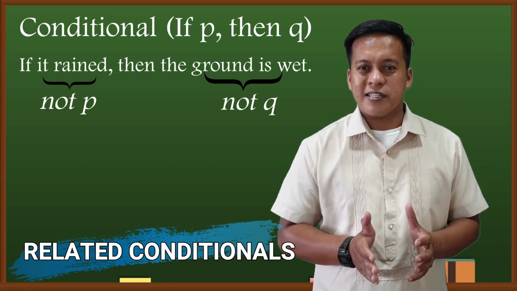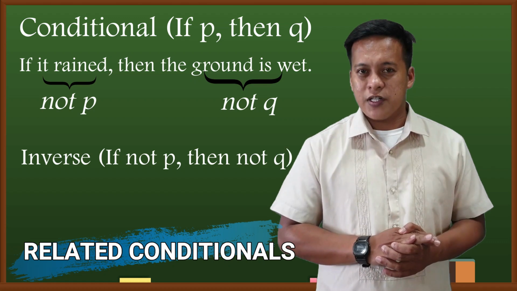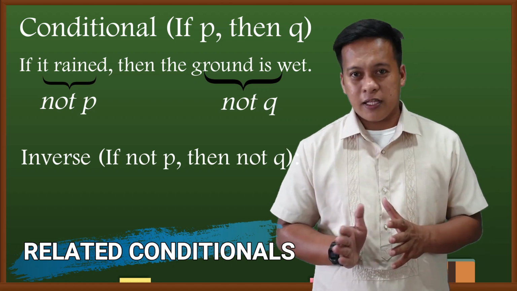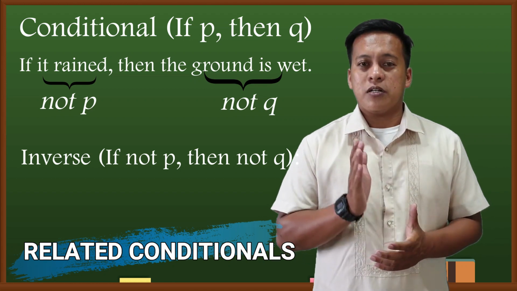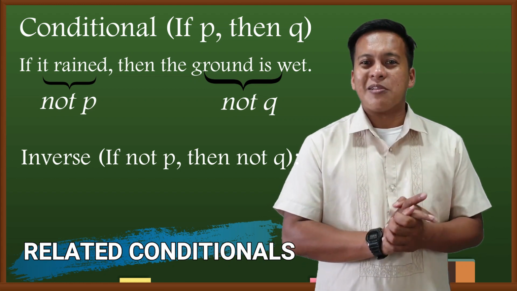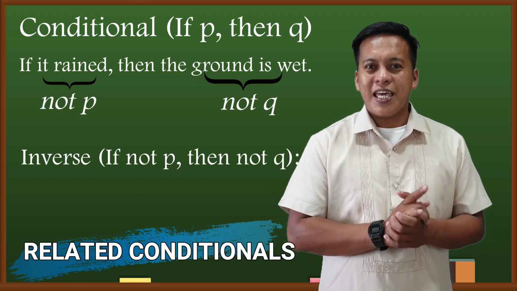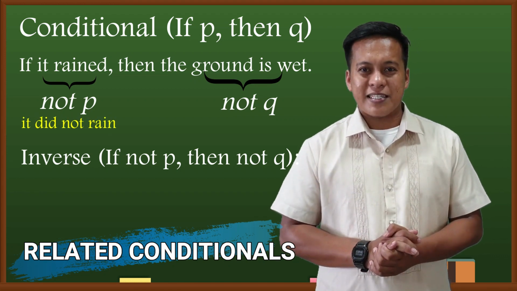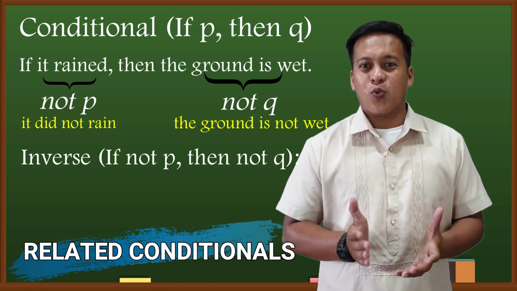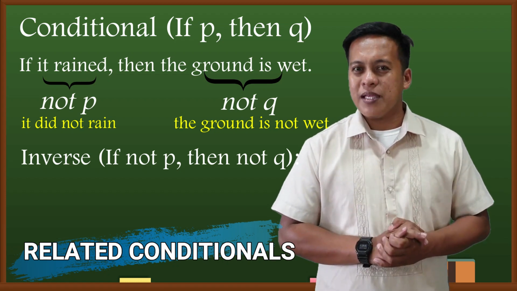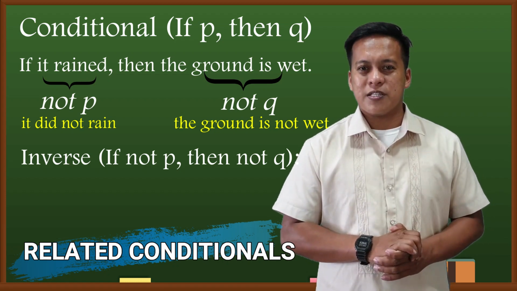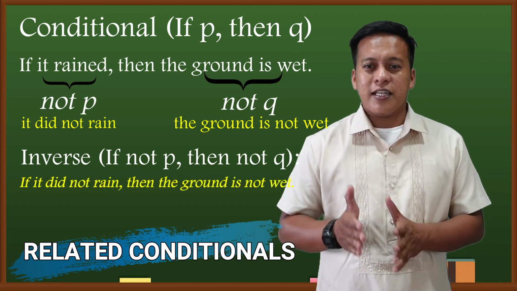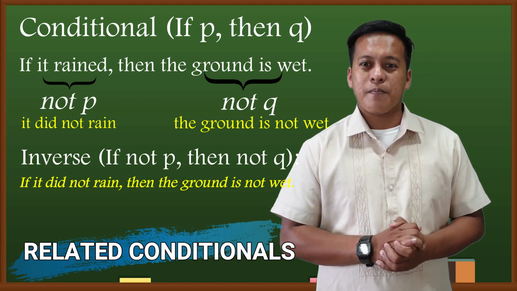In symbols, it is inverse: if not P, then not Q. From the conditional statement, not P is it did not rain, while not Q is the ground is not wet. This means that the inverse is, if it did not rain, then the ground is not wet.